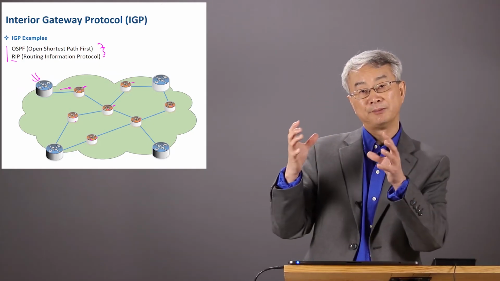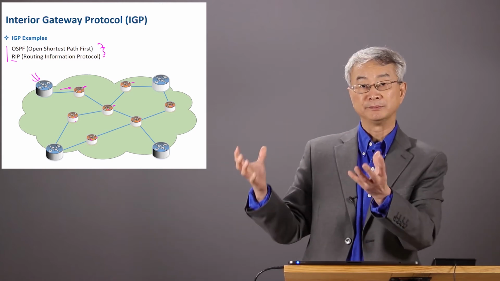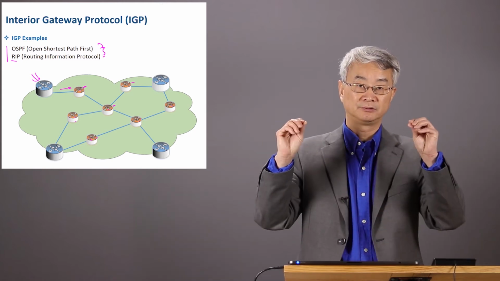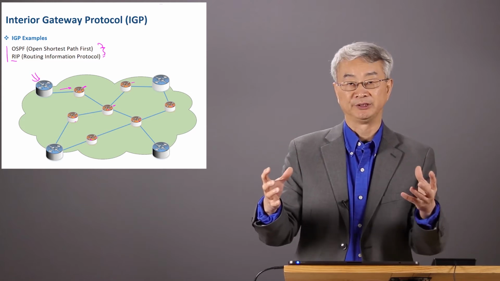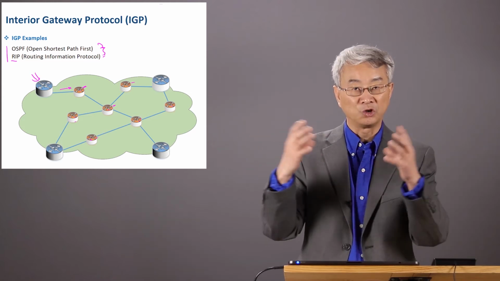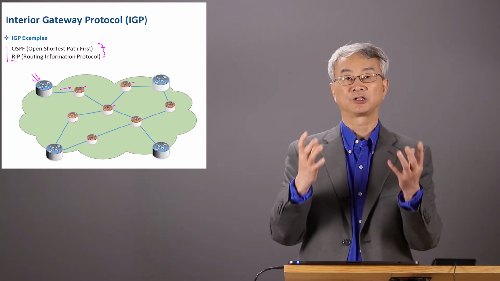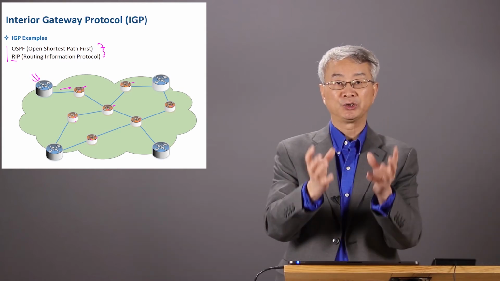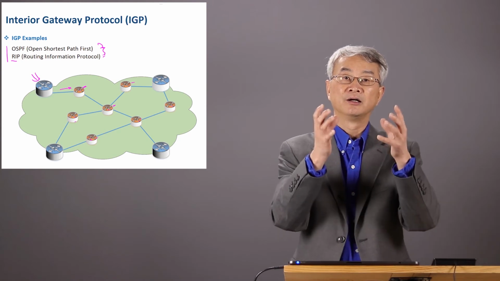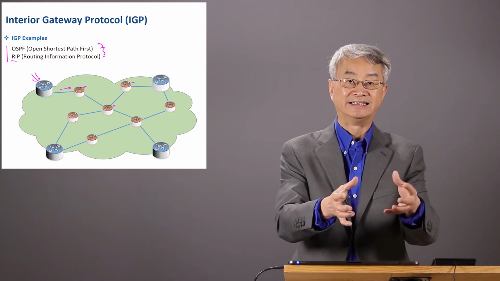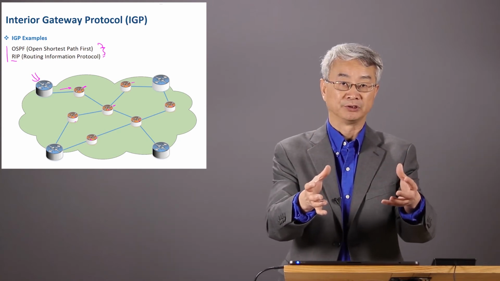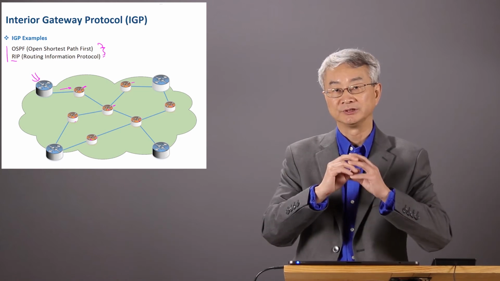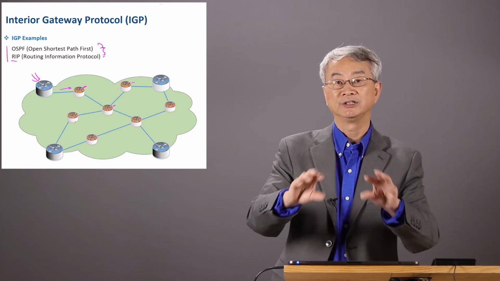That's how the BGP routing protocol, which is performed by the BGP speaker, is going to collect the global information. Once they collect the global information, they're going to disseminate that internally through another routing protocol, the interior routing protocols. And that routing protocol is going to set up their routing internally.